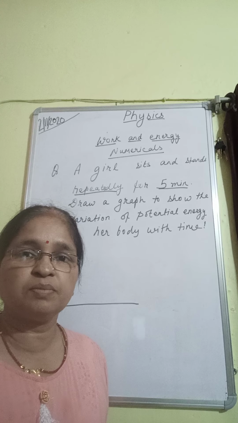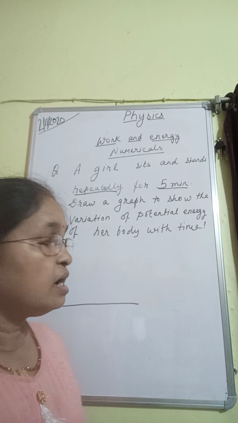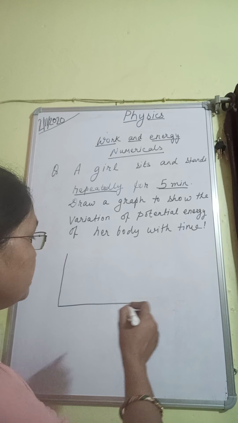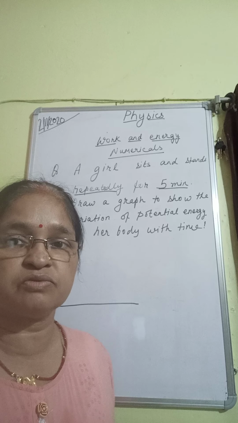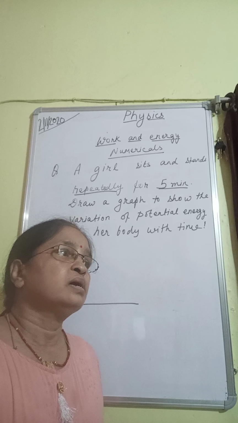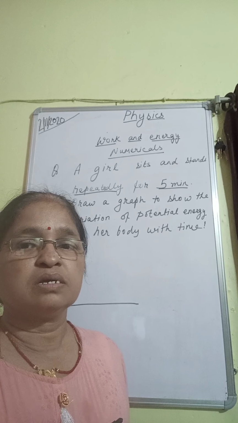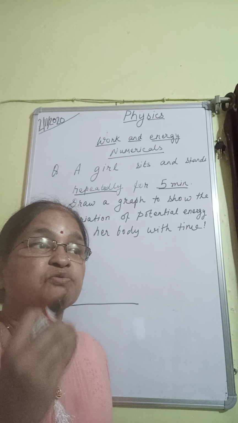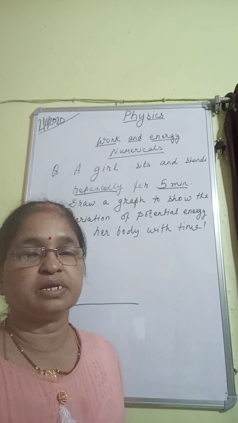Students, I think you remember that when I was teaching the first chapter, I told you that whenever we are drawing a graph, we generally take two axes, x-axis and y-axis. We have to think about which physical quantity should be on which axis.